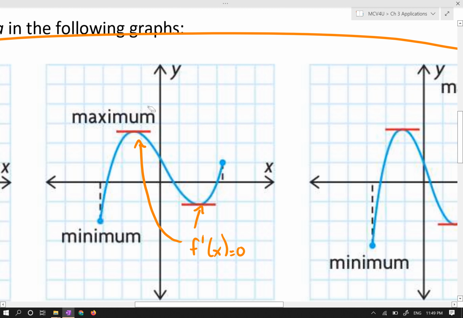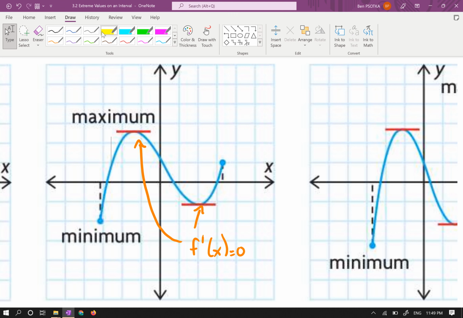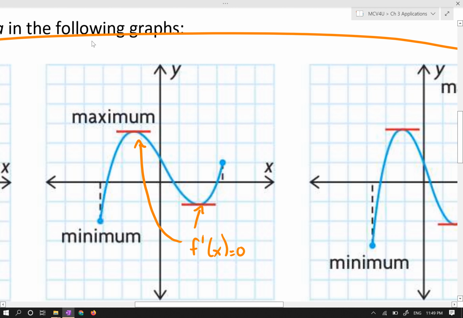Okay, that's all well and great, but if we're going to check to see if these truly are maximums and minimums over the interval, we need to compare with the endpoints as well, because the endpoints might not have a slope approaching 0 or a slope equal to 0, but the endpoints might be above or below any of the local extrema, the local maximums and minimums that we found.